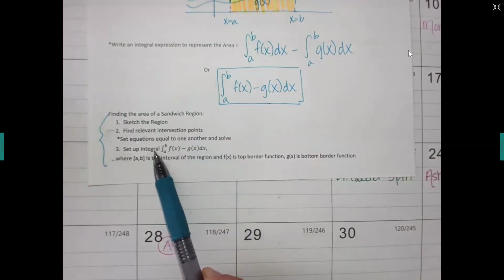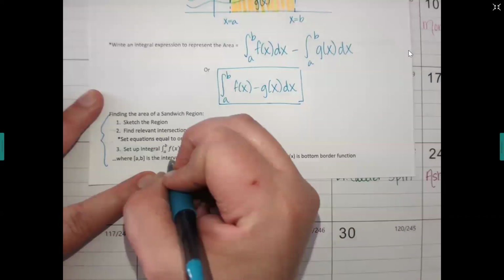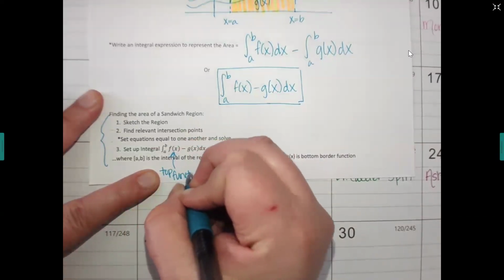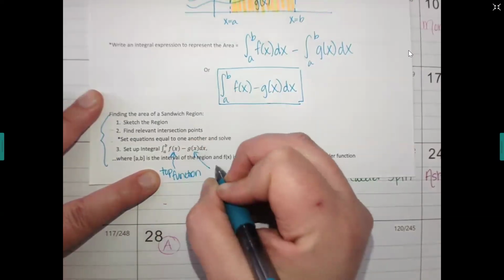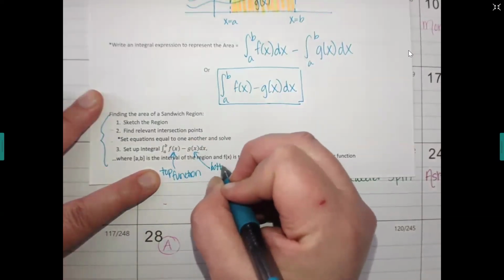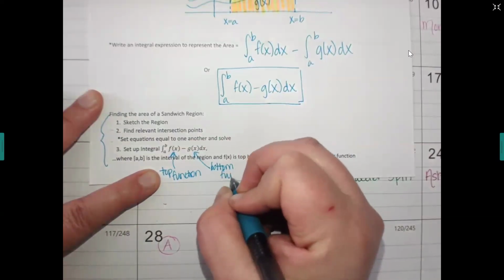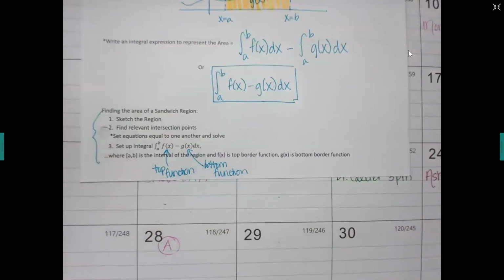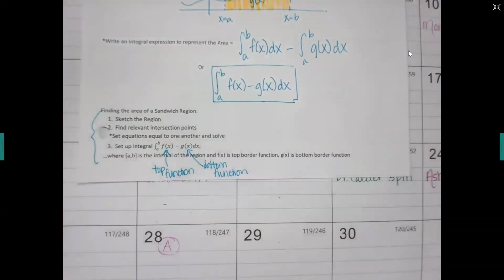Then you're going to set up your integral of f minus g, where f has to be the top function, and g of x has to be the bottom function. Oh wait, it actually says that right here, but you can just write it again if you want. All right, so go ahead and turn the page when you're ready.